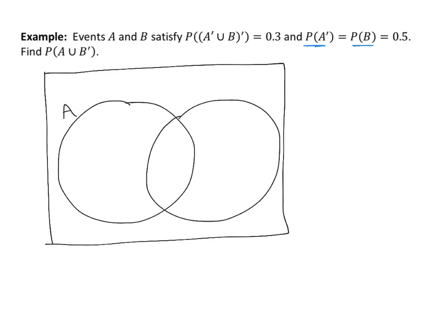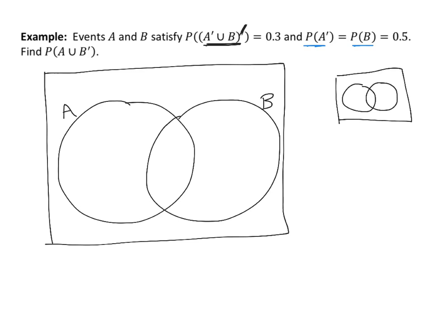So I'm going to draw my Venn diagram here. This is A and this is B. Let's try and figure out what this information is saying. The first thing we need to think about is the complement, the opposite of not A or B. Now I don't want to mess up this nice diagram, so let's make a little Venn diagram over here so I can investigate what's happening.